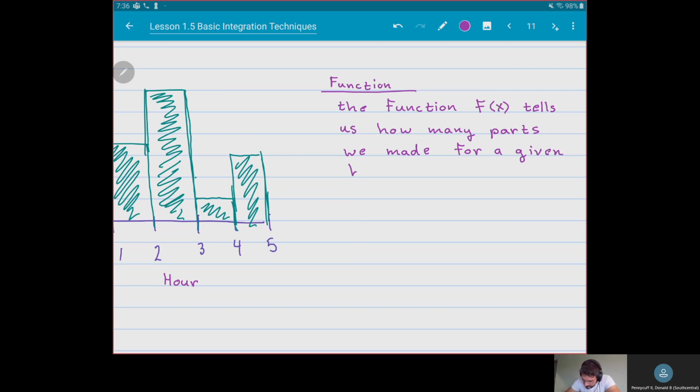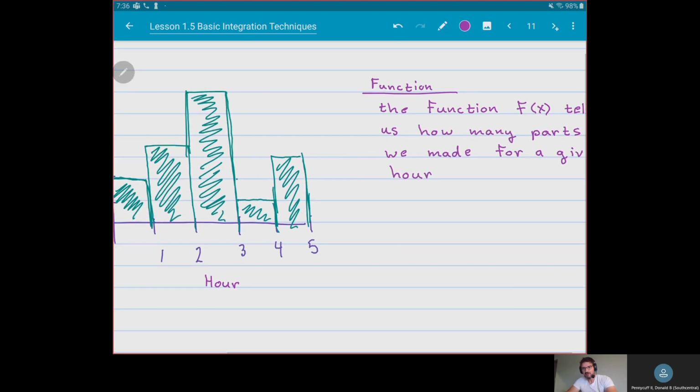I'm sorry. It doesn't tell you how many you've made for the shift. It doesn't tell you how fast you've made them. It only tells you how many parts you made that hour. That's its job. So if you need something else, you need to use something else.